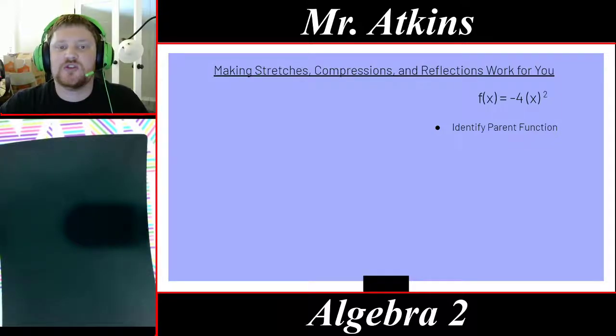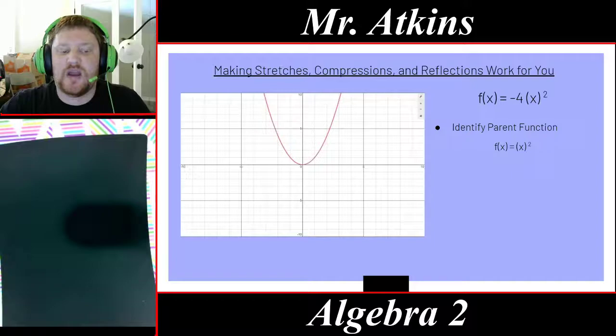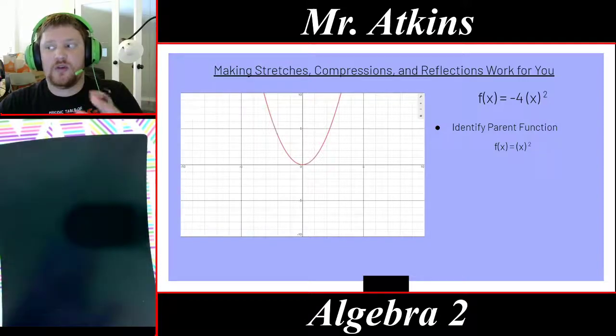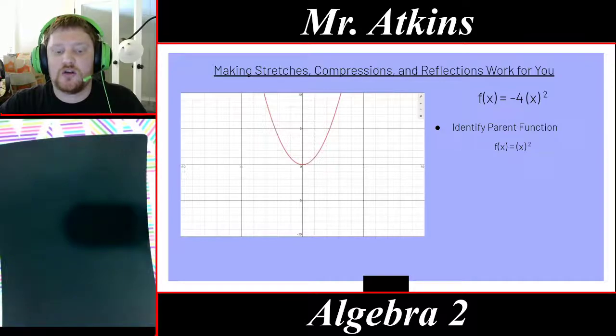The parent function in this case is x squared. And you will hopefully remember from last week that this is what x squared looks like. Just like yesterday where we had an order that we were going to do things, the same is true for today. We're going to start by looking at the vertical dilation, the vertical stretch.